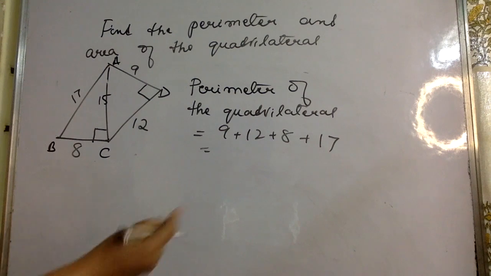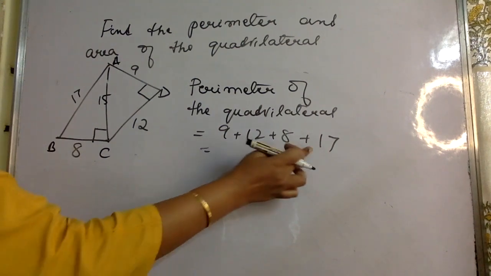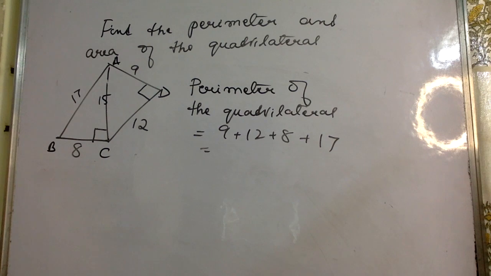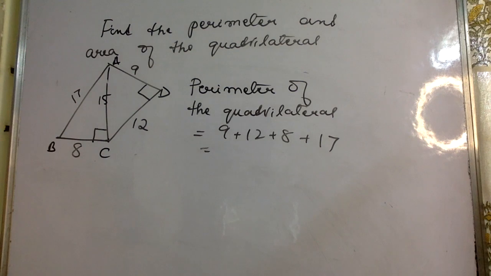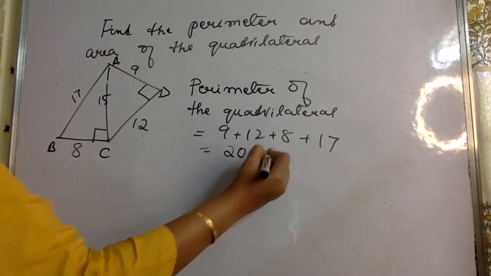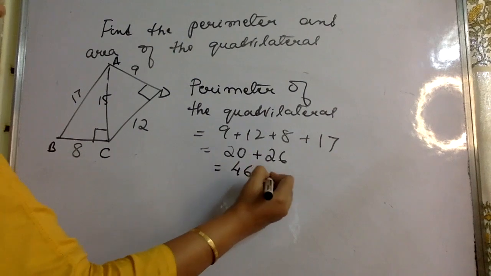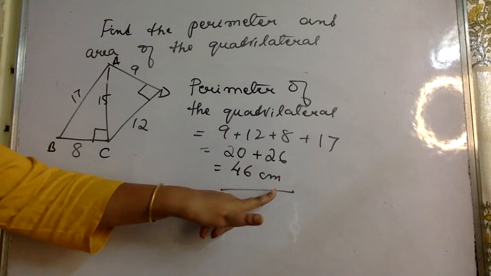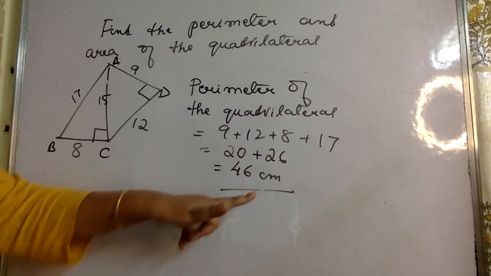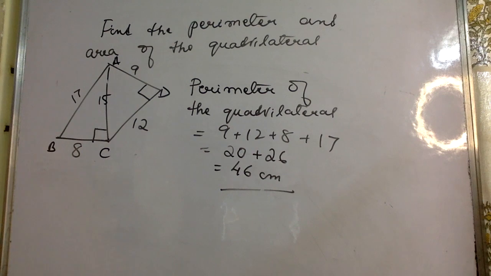Here also, how do you add? 9 plus 12 make 20 and 8 plus 17 make 26 (approximately, rounding for easy addition). So 20 plus 26 gives me 46 centimeters. Okay, so that is the perimeter. Just take them and add, and don't forget to put centimeter here because it is a length. Before this we had put centimeter square.